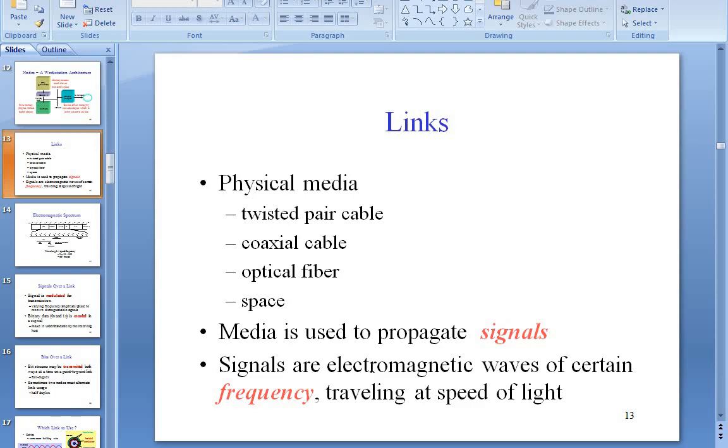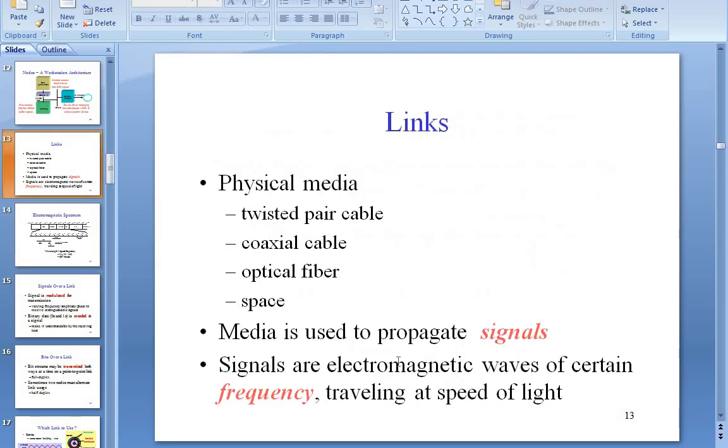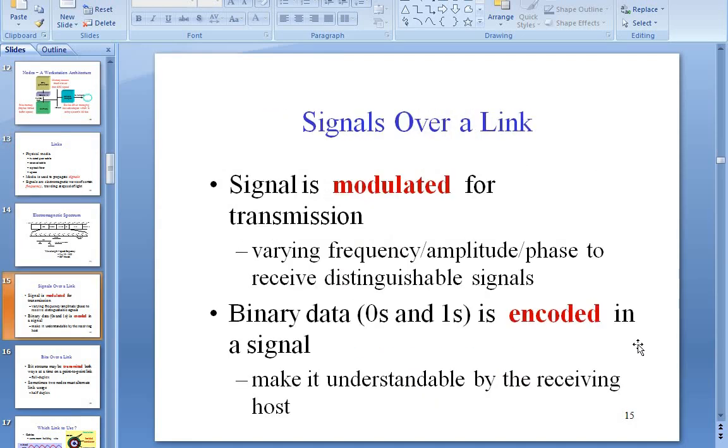Our ultimate objective is to transmit the signal of whatever frequency on the media, and for that we need to modulate the signals. Why do we need modulation? Because we need to make the signal distinguishable at the receiver end by varying amplitude, phase and frequency.